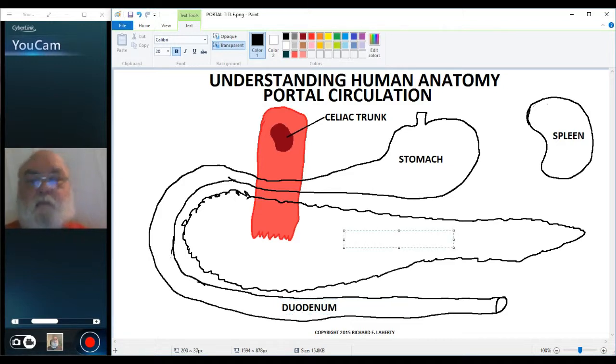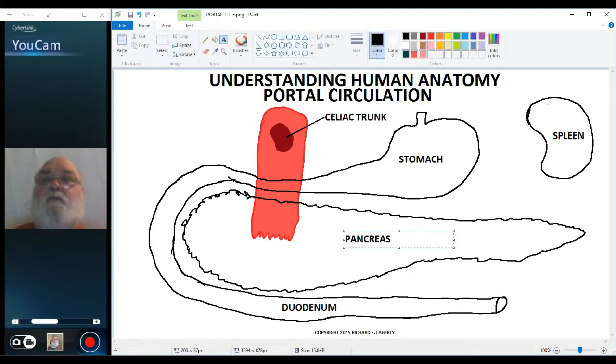And finally, the pancreas. Now, the celiac trunk divides into 3 arteries.